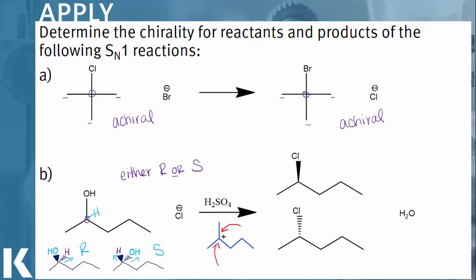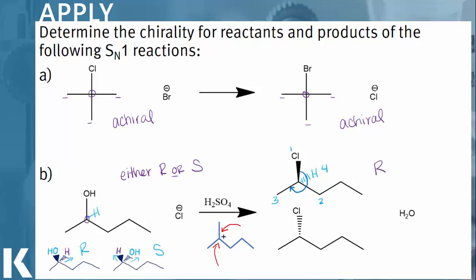Remember, we do have an implied hydrogen again, but this time we know that it's going into the page since our chlorine is coming out of the page. And let's number our substituents. Chlorine is first, propyl is second, methyl's third, and our hydrogen is fourth. Again, we can draw our circle. It is clockwise, which is R. Our hydrogen is going into the page, so we don't need to switch. The designation of this molecule is R.